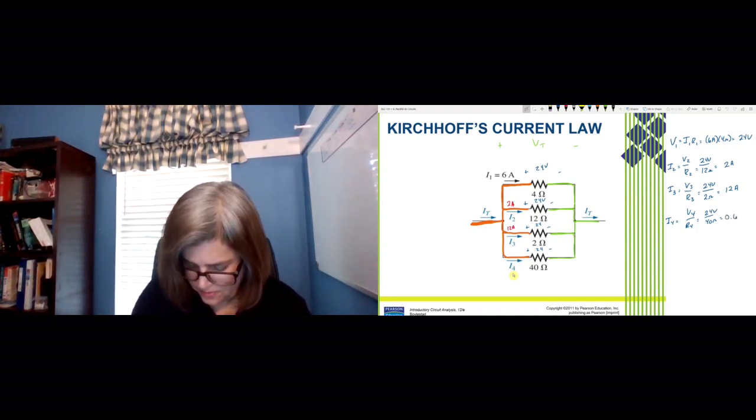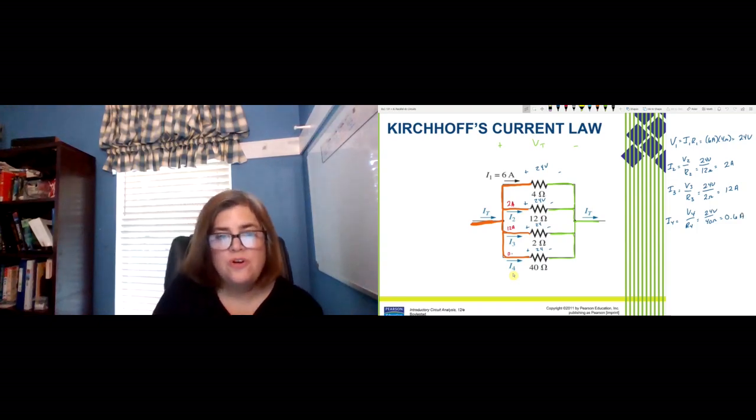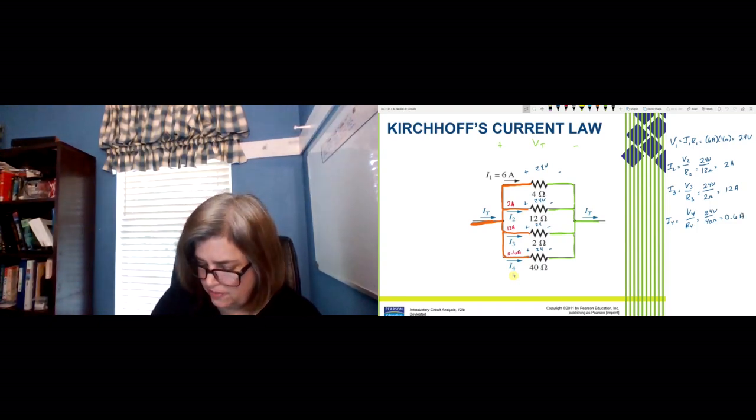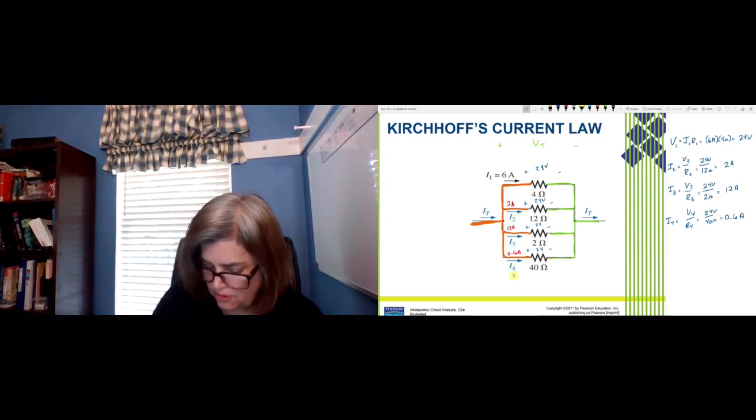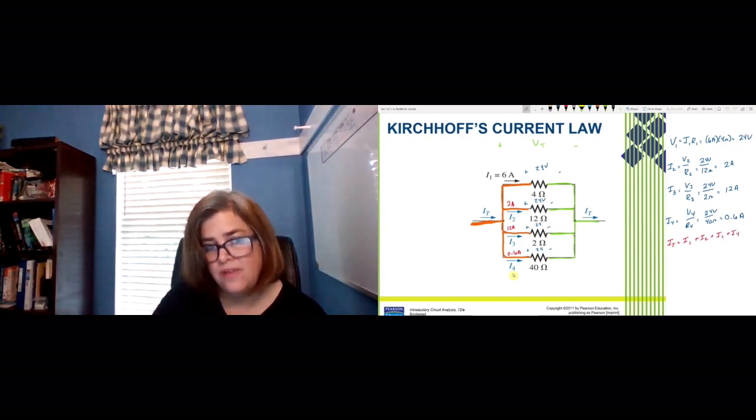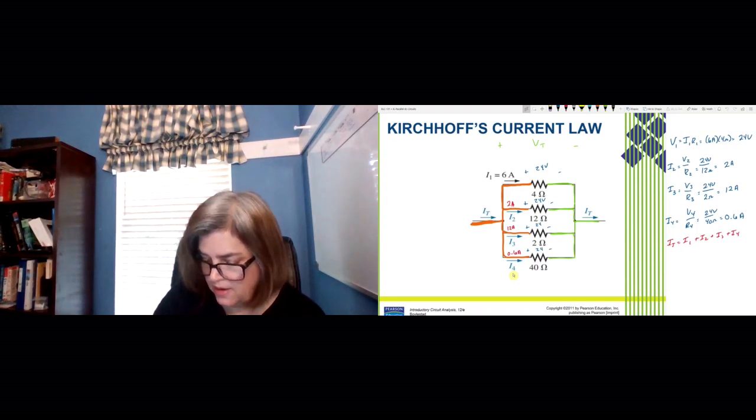So 0.6 amperes. So what's our total current? Well, there's a couple ways of figuring this out. But first, let's use Kirchhoff's current law to do that. So IT should equal I1 plus I2 plus I3 plus I4, because I1, 2, 3, and 4 are all leaving this orange node, and IT is coming in.